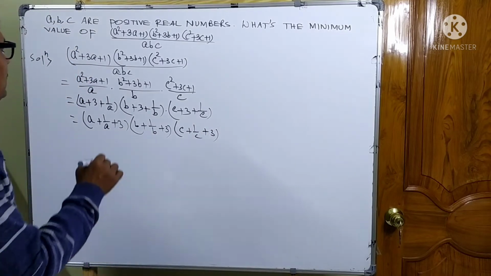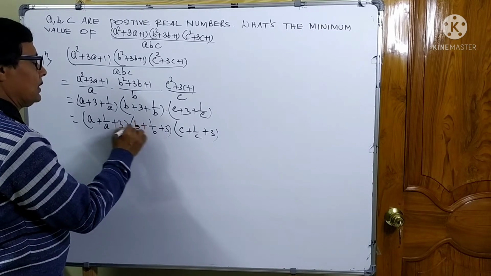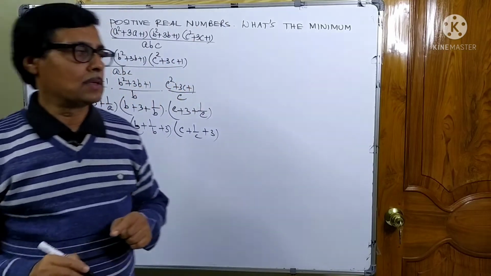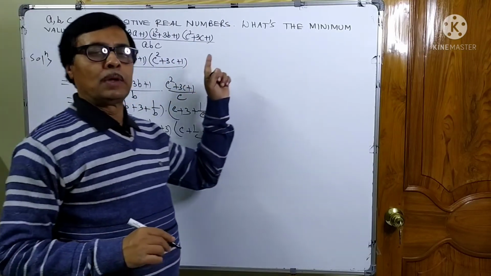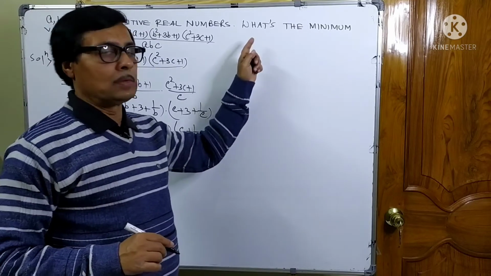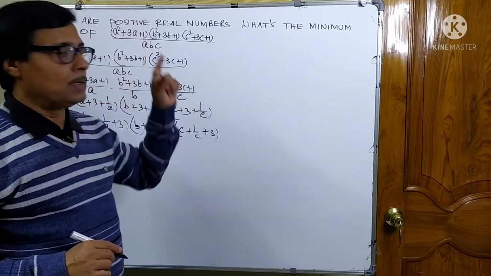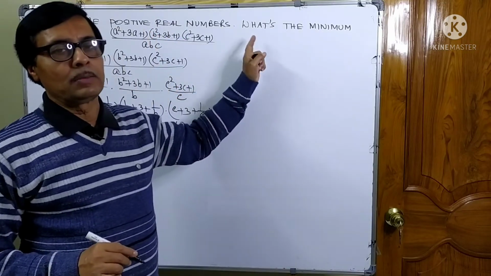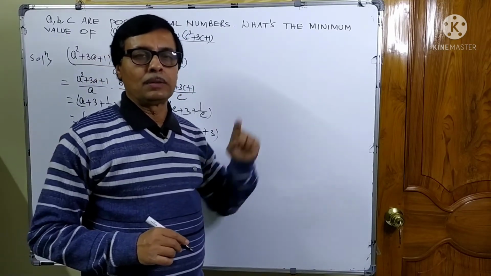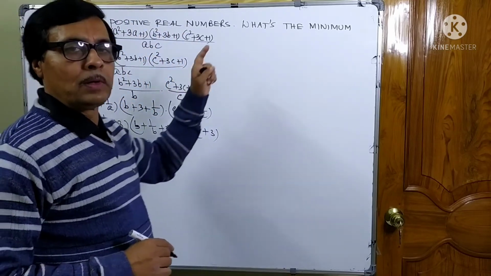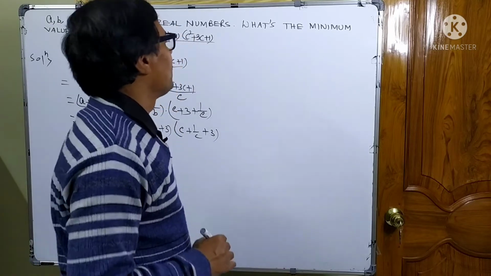Now we can apply the inequality of arithmetic, geometric and harmonic means. We have already known the inequality, that is AM ≥ GM ≥ HM, arithmetic mean greater or equal to geometric mean greater or equal to harmonic mean. This is a well known inequality to us.